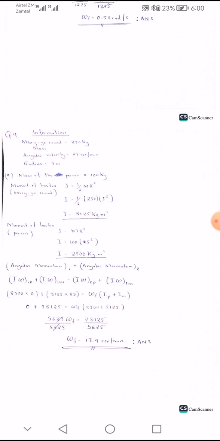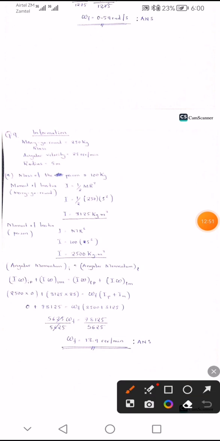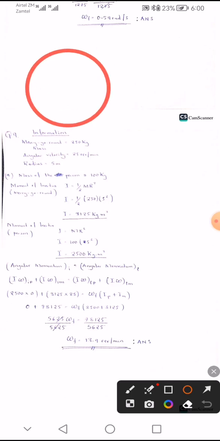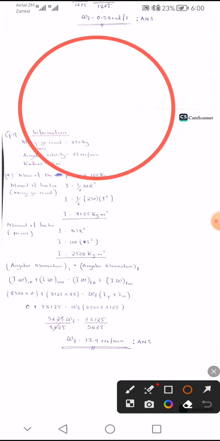Now, question 9 has a part B. Part B is simply the same as what we have done, so I expect that you can do that, but I'll just give you a hint. In part A, that's our merry-go-round, and we're told that the person is seated at the edge like this, where the distance from the person to the center is the same as the radius.